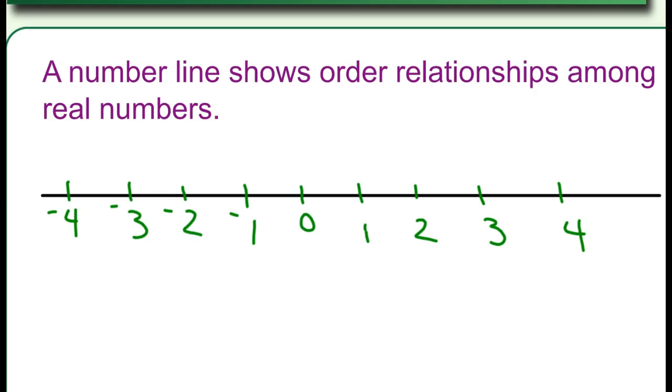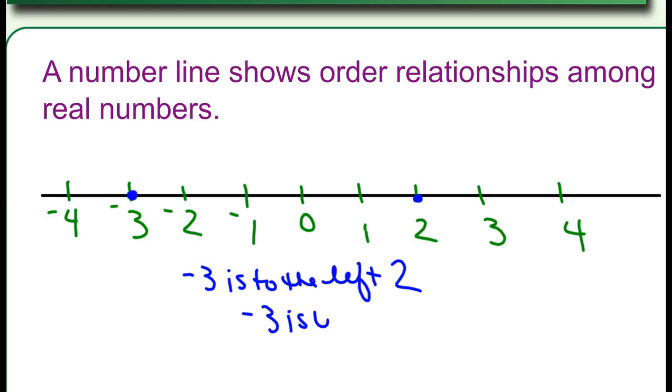Let's say I put a big fat juicy dot here at -3 and +2. Well, we could say that -3 is to the left of 2, which means -3 is less than 2. And we can take that and write it as a sign. -3 is less than 2.